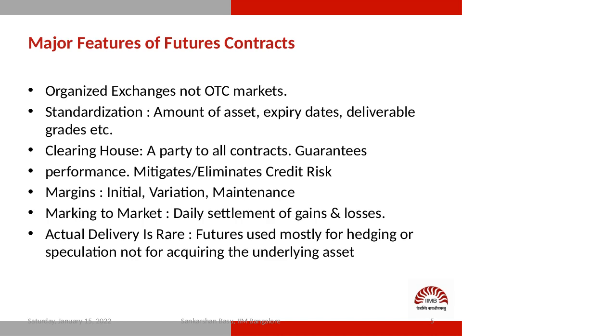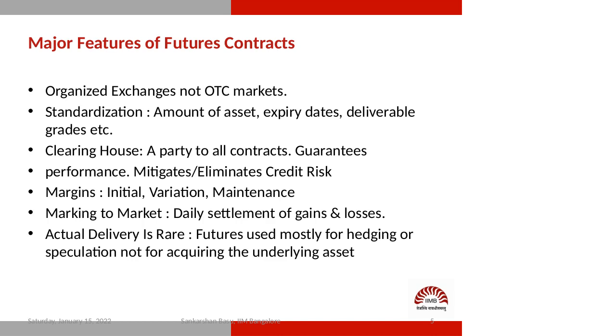What are the deliverable grades? Deliverable grades come in primarily from an agricultural contract, because let's say you enter into a contract at the time when rice was being sown, and the rice will be harvested after 4 months or something like that. Now, even if you control for everything, the quality of the rice that is harvested is not always constant. And therefore, what do you deliver vis-a-vis what have you promised?